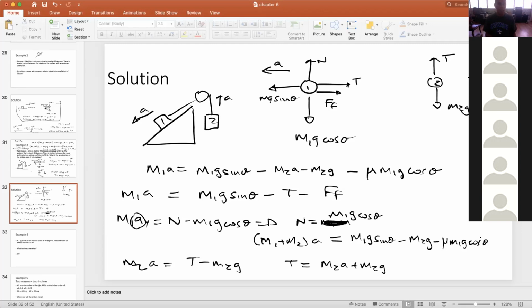And plugging numbers in now, I would get 3 times 9.81 times sine of 35 is 16.88. m2g is 3 times 9.81, 29.43. And you can already see that we're in trouble. 0.3 times 3 times 9.81 times cosine of 35 is 7.23.